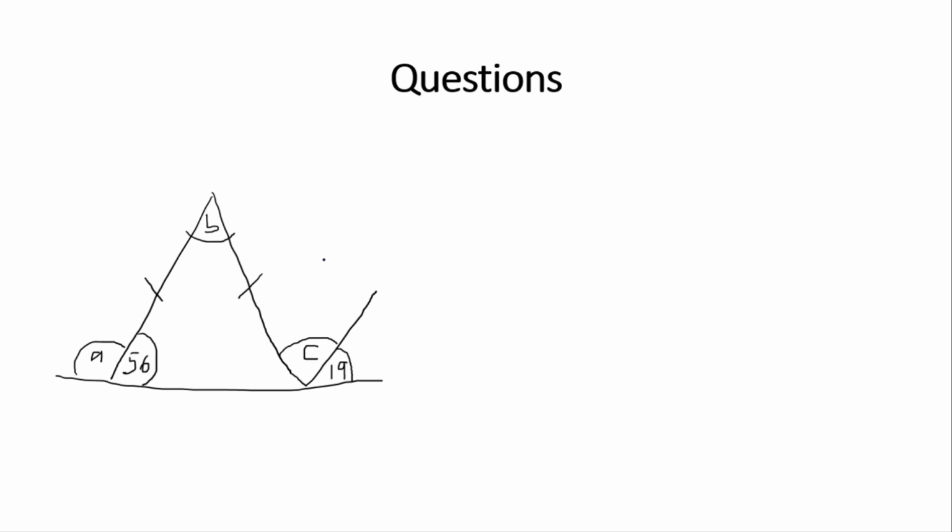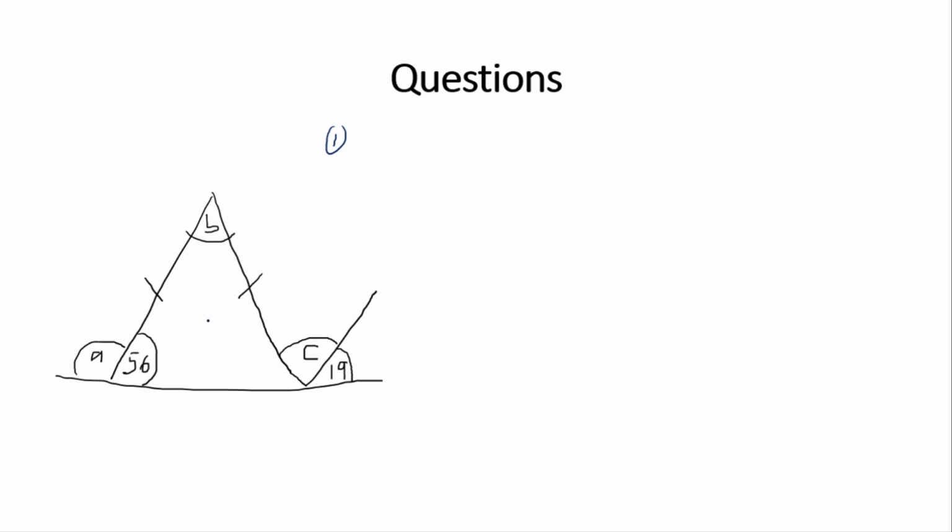We've been given this question to solve for the value of A, B, and then C. Now, part I is to find the value of A. A and the adjacent 56 are angles formed on a straight line.